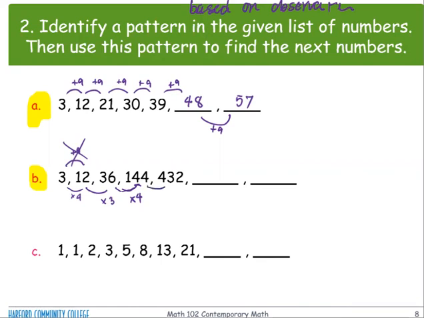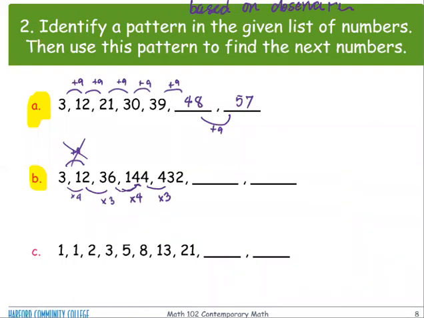And how about the next one, from 144 to 432, sorry? It looks like multiply by 3, right?